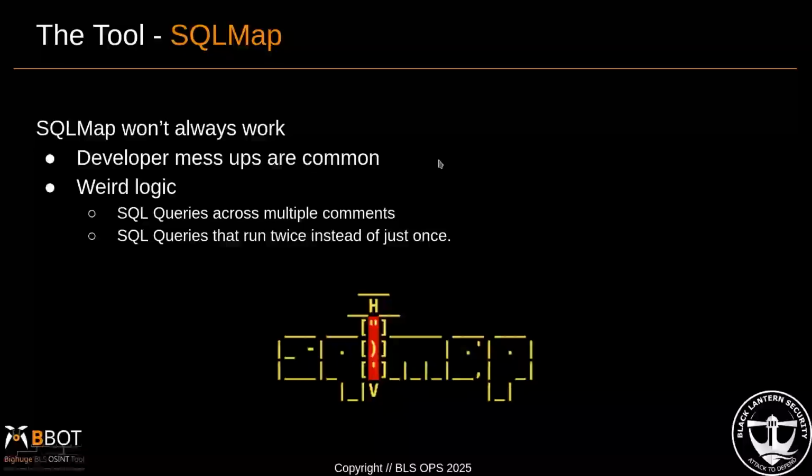Basically, there are very niche use cases where SQLMap won't work. A couple of those are majorly when developers really mess it up. This is not uncommon. These are things that have been found on engagements that I've recreated, or at least one of them I have. There are SQL queries across multiple comments.